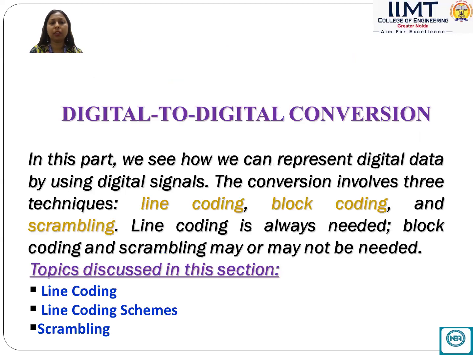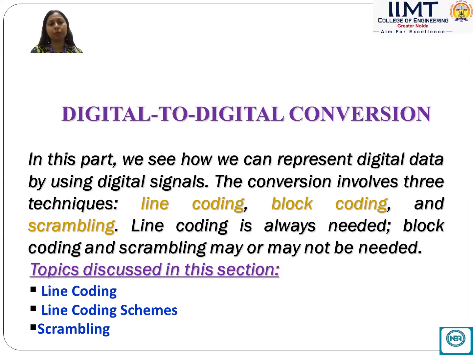Then digital to digital conversion. As we know, the topic of discussion is digital communication. That's why we have to convert our analog signal into digital form, and the digital signal is obtained from digital data. That is the very important part of studying this topic. Here we see the representation of digital data by using digital signals.